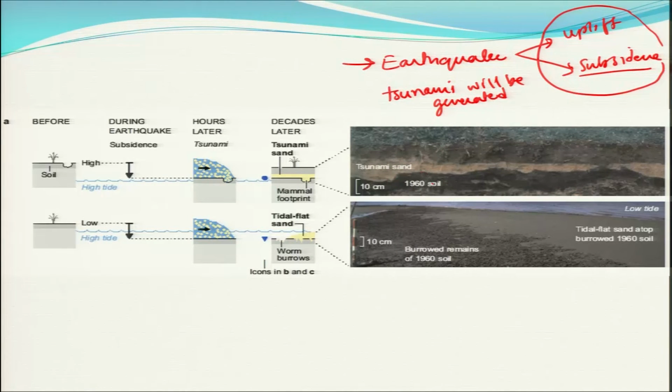This is the 1960 surface. The tsunami came in the 1960 event, and then there was soil formation here. When the next event comes, it will deposit on top of this one, and the same process goes on. So in ideal conditions we see a couplet of soil and sand.